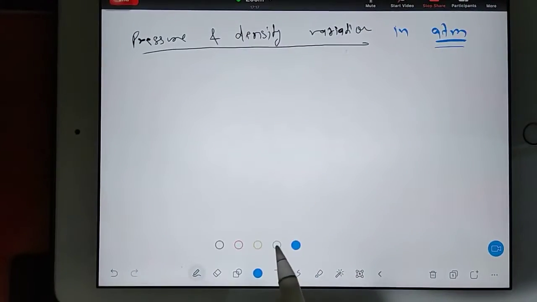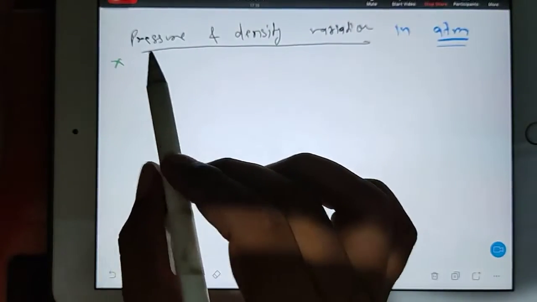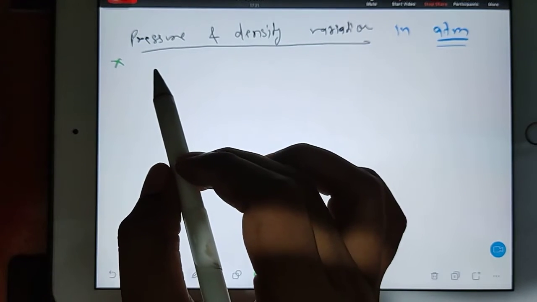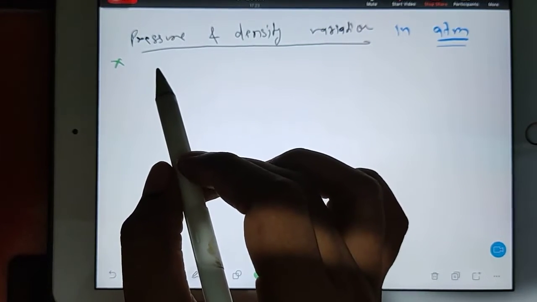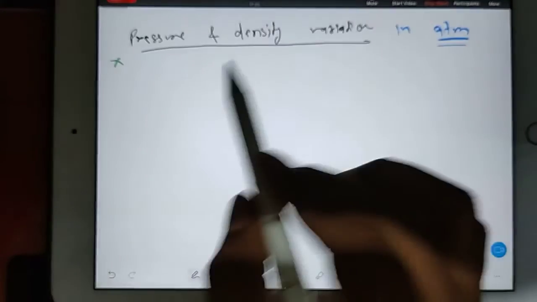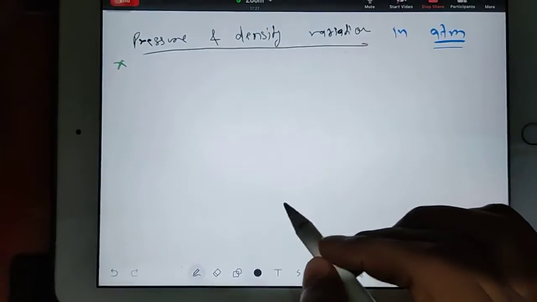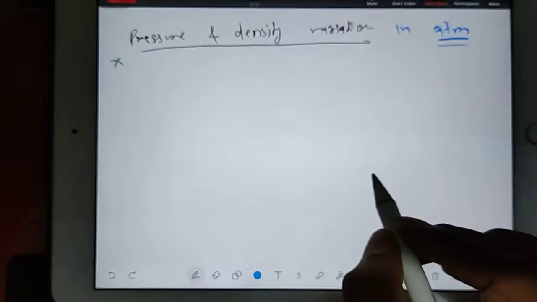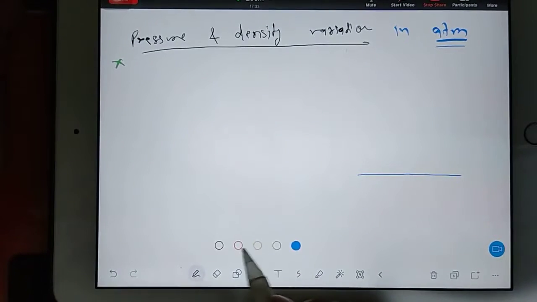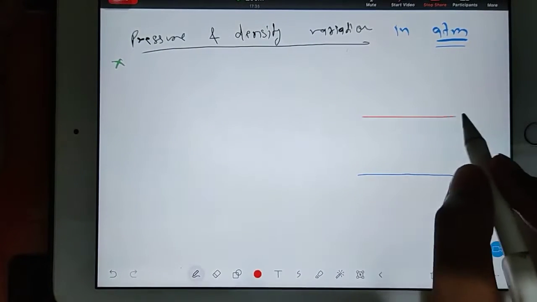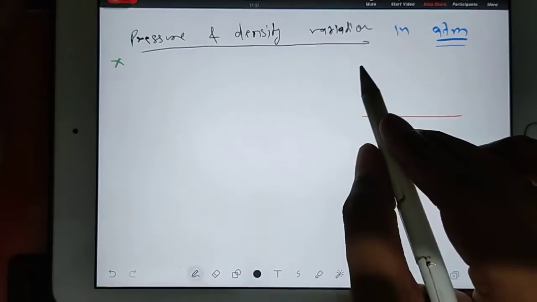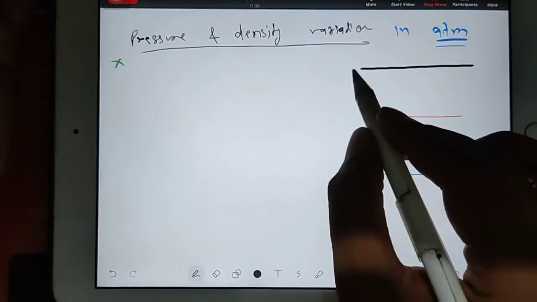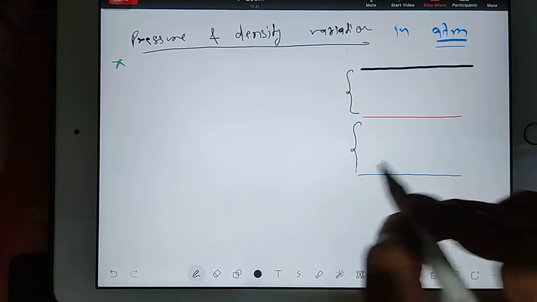We will target only the troposphere and then the stratosphere. After that, we will not target. So now I will not draw this kind of flat earth, I will just consider this kind of earth, and above that, till here I have the troposphere, and after that I have the stratosphere. So this much is strato and this much is tropo.